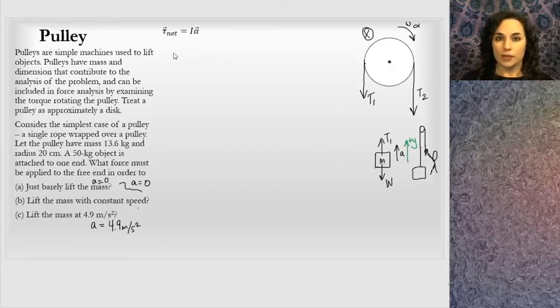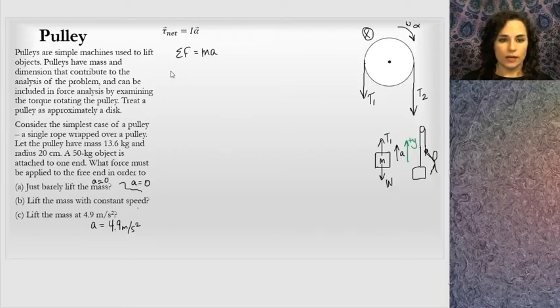The next step in the strategy is to apply Newton's second law in the linear. We're still doing linear. So I'm going to take the net force and set it equal to ma. The only mass accelerating is the heavy thing that I'm trying to lift here, the 50 kilogram object. And when I look at it, it has two forces on it, the tension upward and the weight downward.